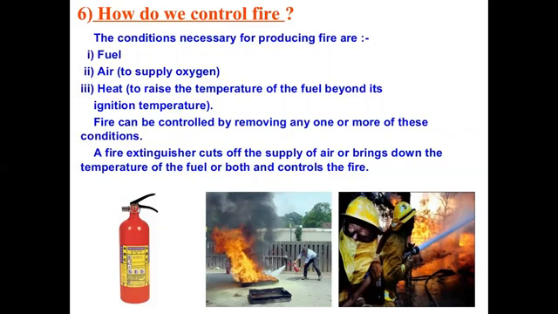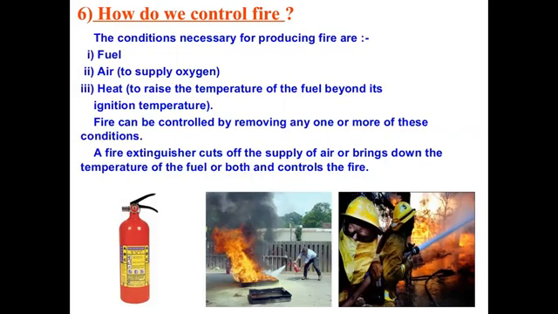We require enough heat to raise the temperature beyond the ignition temperature. So fire can be controlled by removing any one or more of these conditions. If one of the conditions is missing, then the fire can be extinguished.